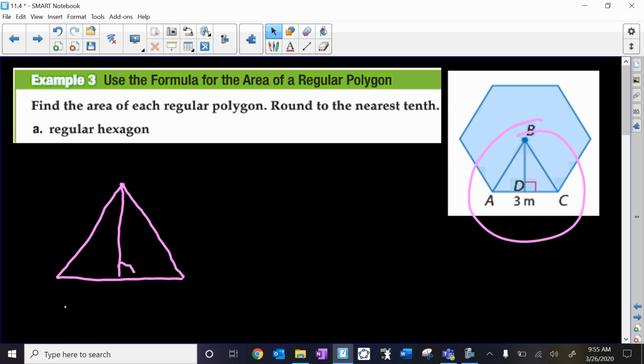I know that I have a base in here of 3 meters. And I'm really looking for the height of this thing. I'm going to draw it in a different color. I'm looking for the height. If I can find the height, I know that I can find the area of that triangle.